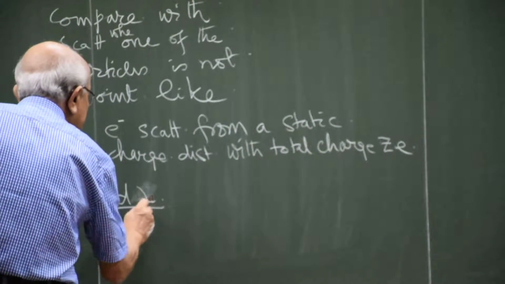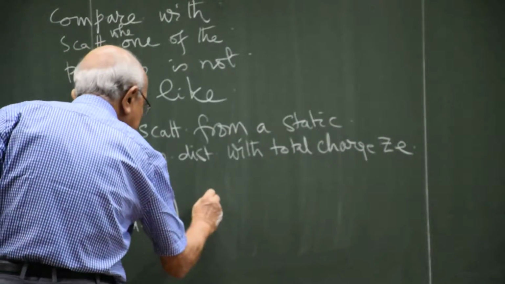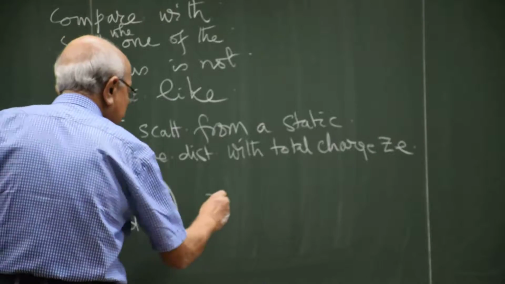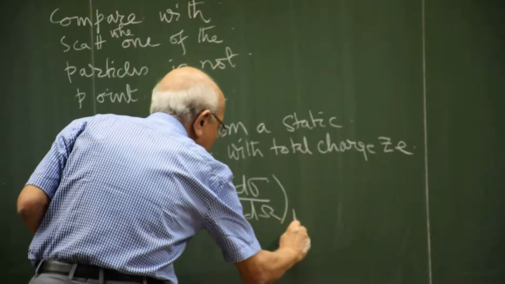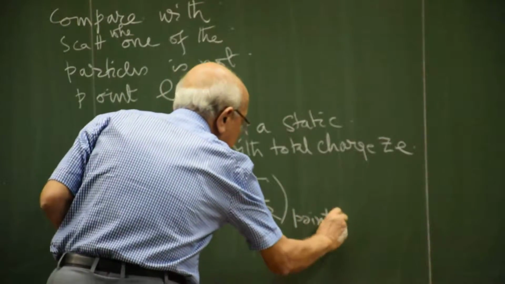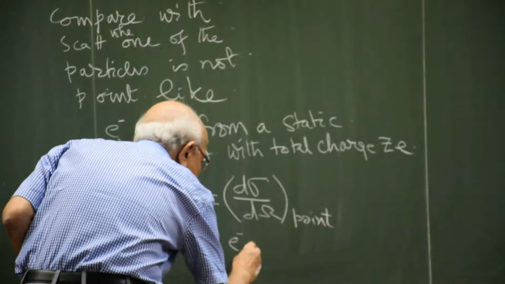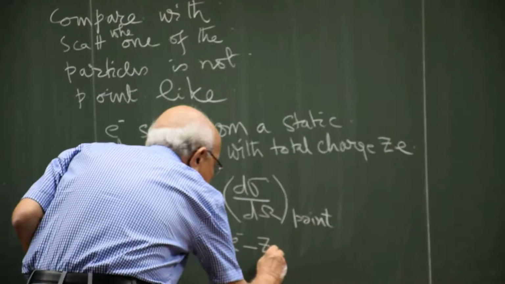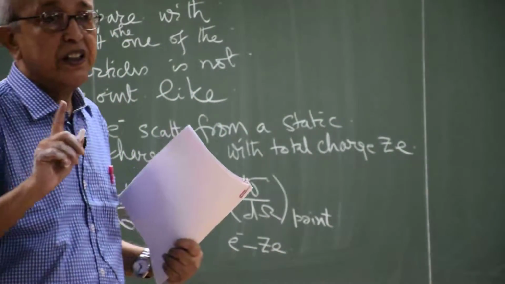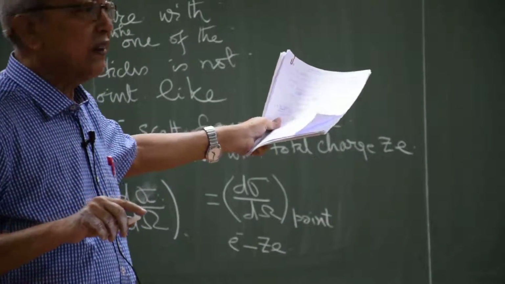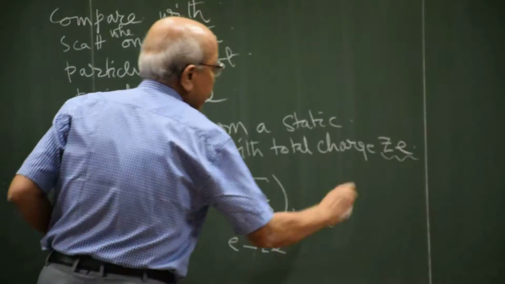that this d sigma d omega, this differential cross section, is d sigma d omega point. Now this point means that I observe a scattering of e minus with a point-like particle having charge Ze, which is the total charge of the charge distribution.